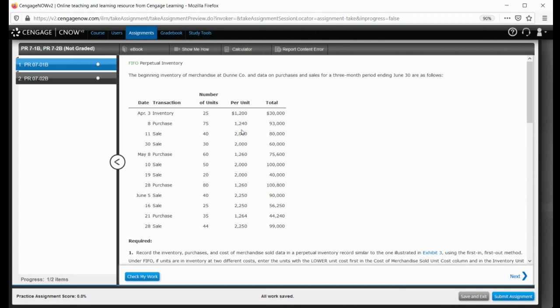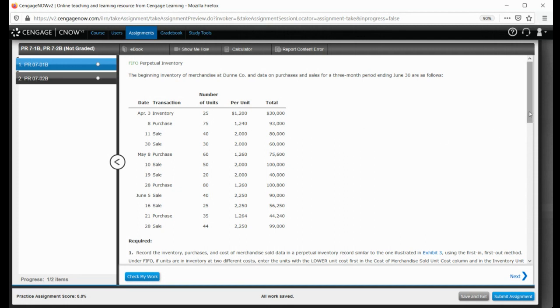The amount of inventory that you purchased is 75 units. The cost of that inventory has risen from the last period, when we took our account of our ending inventory. The cost was $1,200, and now that cost has gone up to $1,240.